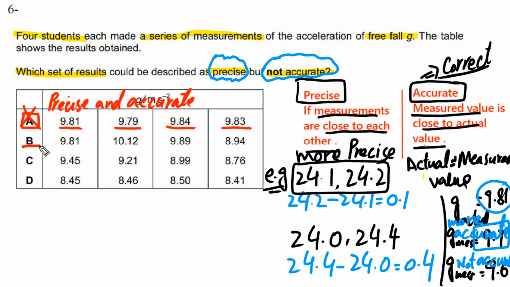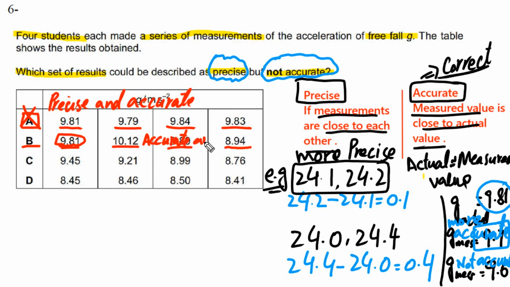If we look at option B now, the first one is 9.81, then 10.12, then 9.89, which is still close to 9.81, and then 8.94. Overall the result will be greater than 9.81, but still close to 9.81, so we can say this result is accurate compared with the others.